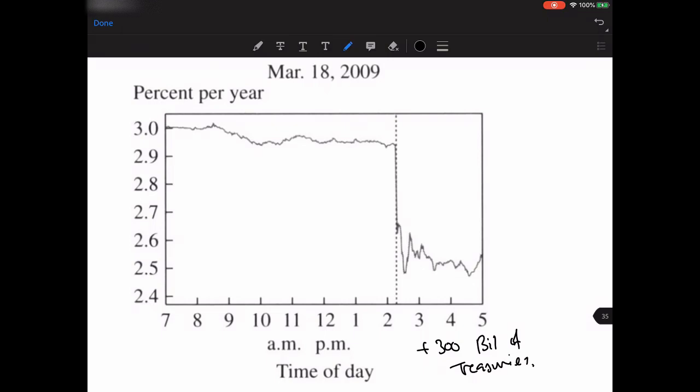This was a very clear signal to the market that the government is going to increase money supply and swap out that debt, not only to reduce the liability side of the bank balance sheets, but also to incentivize lending from financial institutions. This decrease in interest rates was about 0.4%, which is a lot given that the central bank changes their interest rates at 50 basis points at a time.